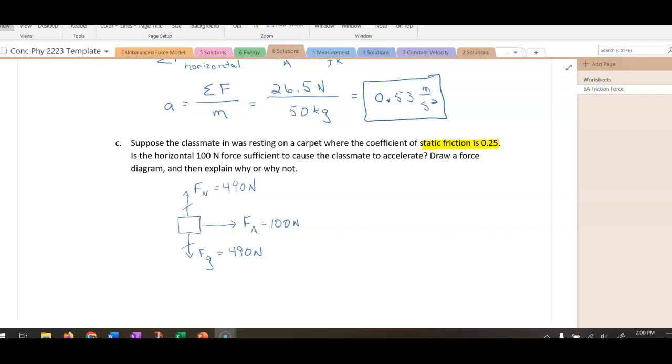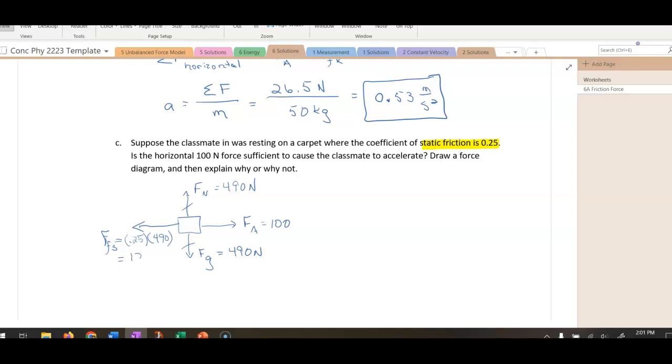Now we have a static friction force, which is 0.25 times the normal force of 490.